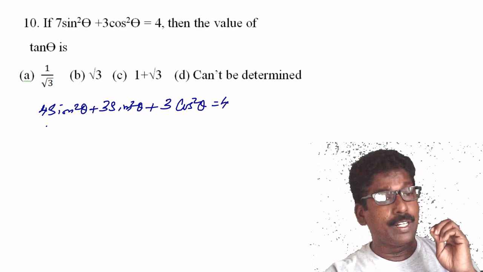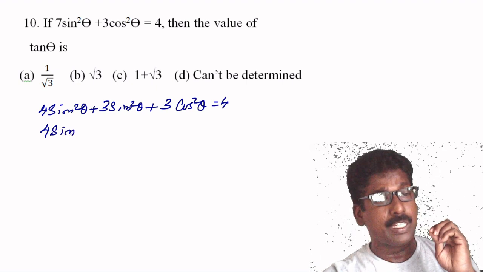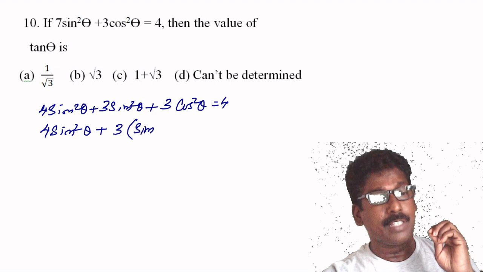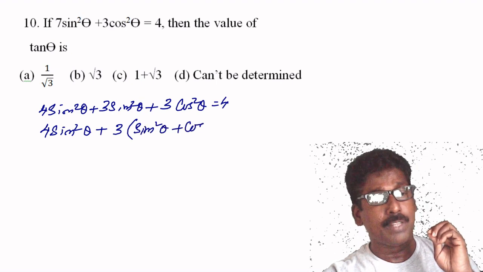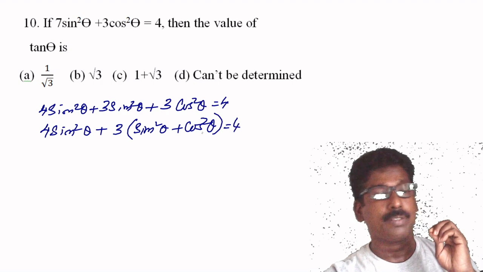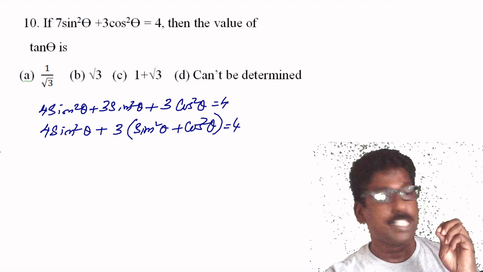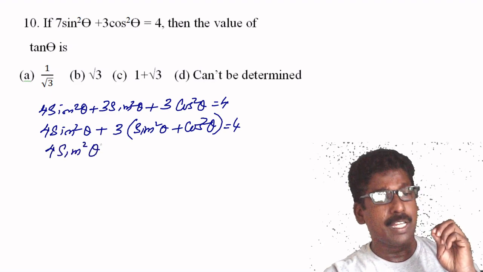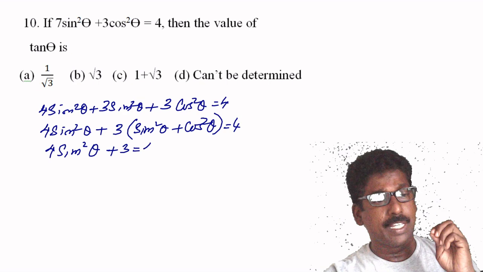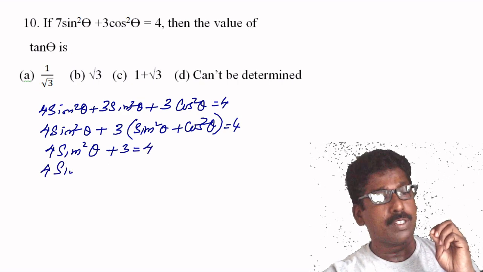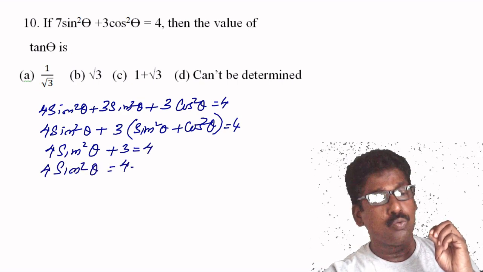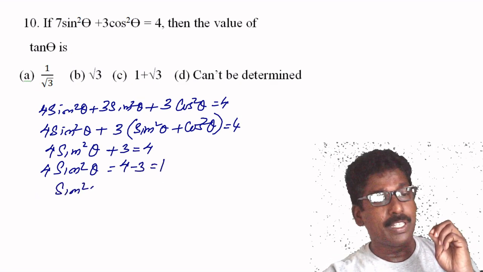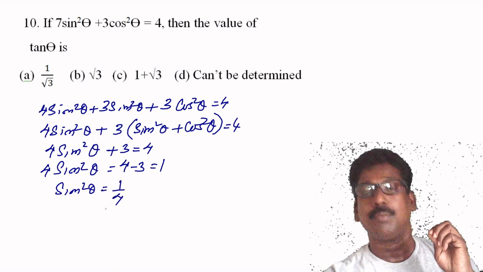Then here you can take it as 4 sin square theta plus 3 you can take it as common, then 3 into sin square theta plus cos square theta is equal to 4. Now sin square theta plus cos square theta is equal to 1. So which implies 4 sin square theta plus 3 is equal to 4. That means 4 sin square theta is equal to 4 minus 3, which is equal to 1. That means sin square theta is equal to 1 divided by 4.